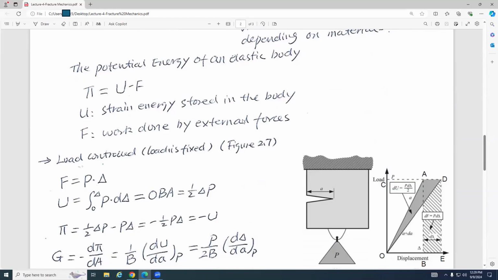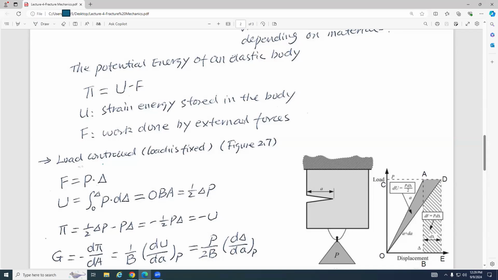No question? I will introduce two important concepts. One is called load control, and the second one is displacement control. Have you ever heard these two concepts? As the name suggests, load control: I have a sample, the load does not change, and I want to see how this material behaves.